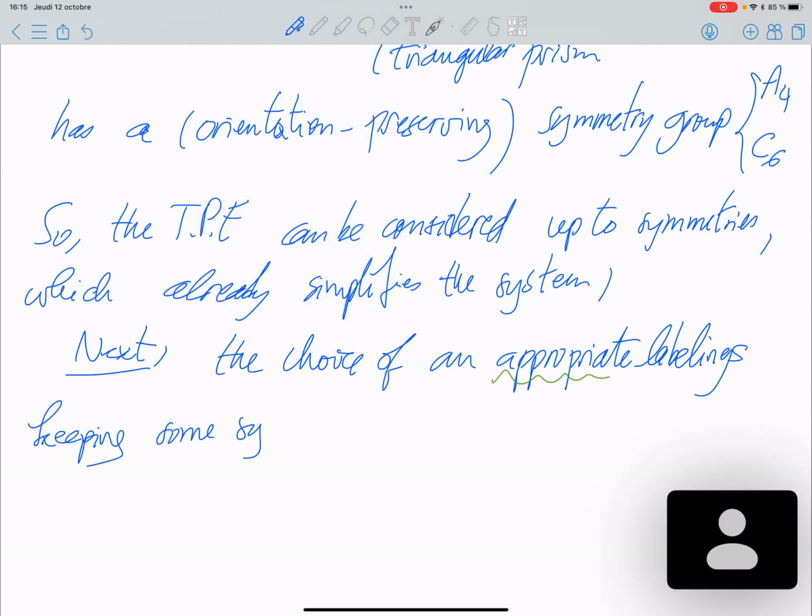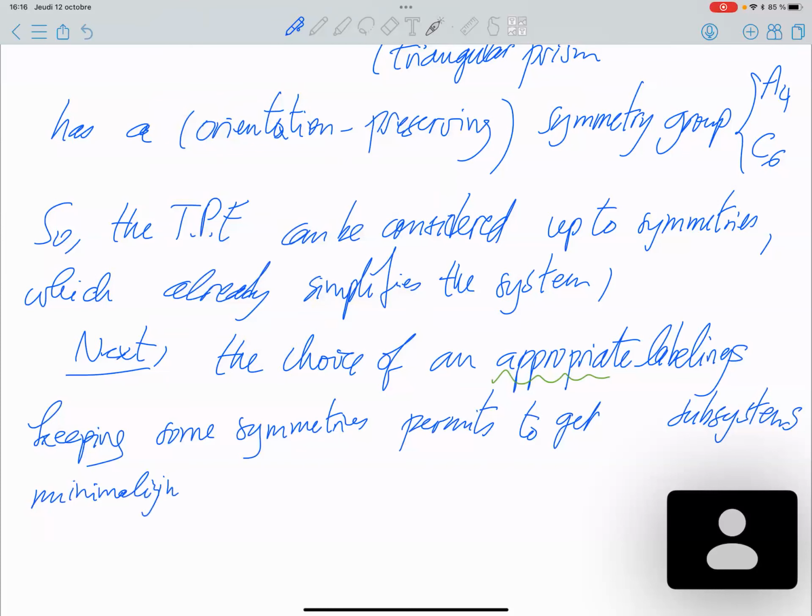The choice of an appropriate labeling keeping some symmetries permits getting subsystems, not necessarily one, minimizing the number of variables involved.